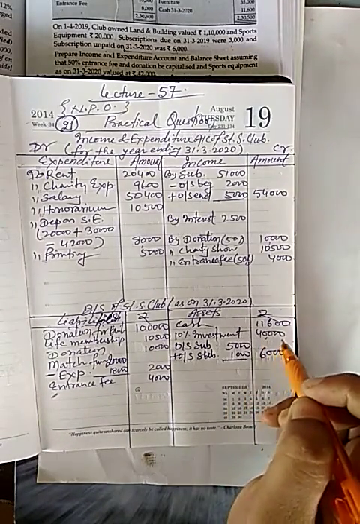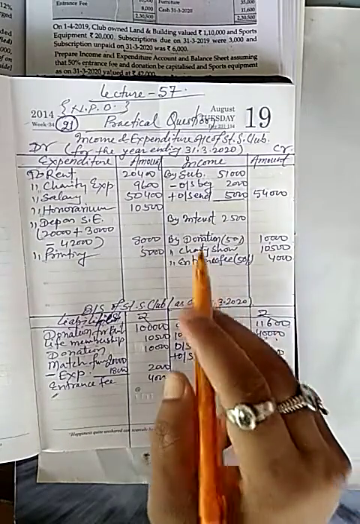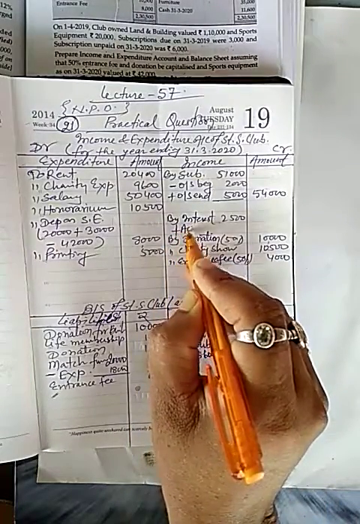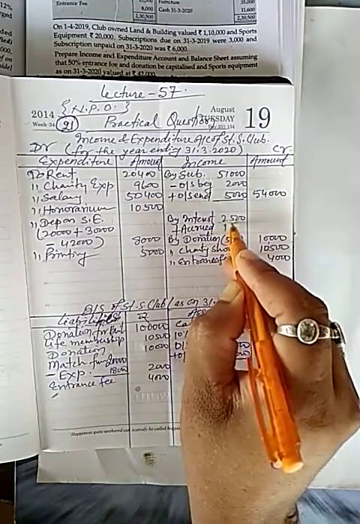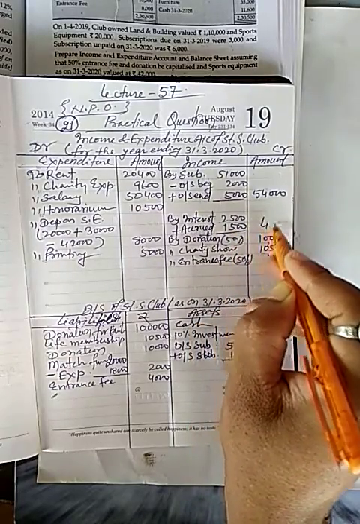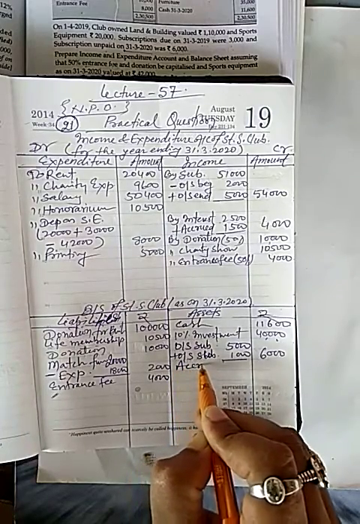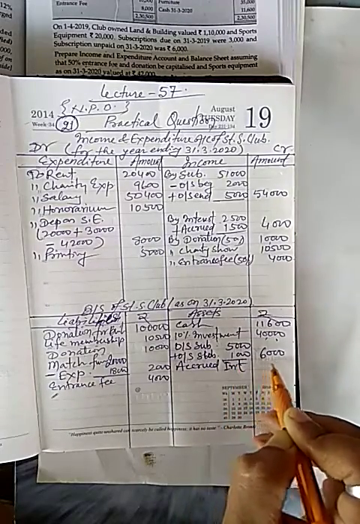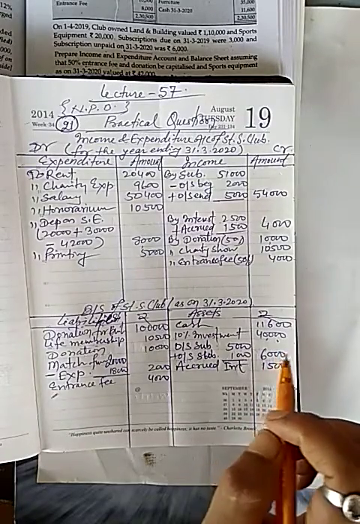So 10% of 40,000 will be 4,000 and I have received interest 2,500. So accrued interest should be 1,500. I will write 4,000 total interest, and accrued interest will show in the balance sheet 1,500.